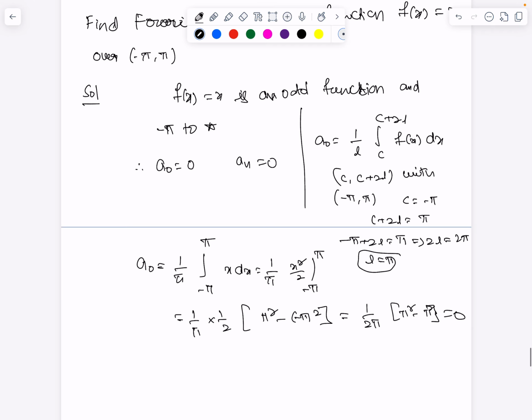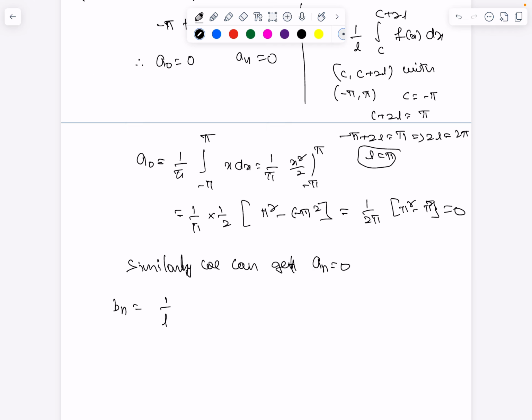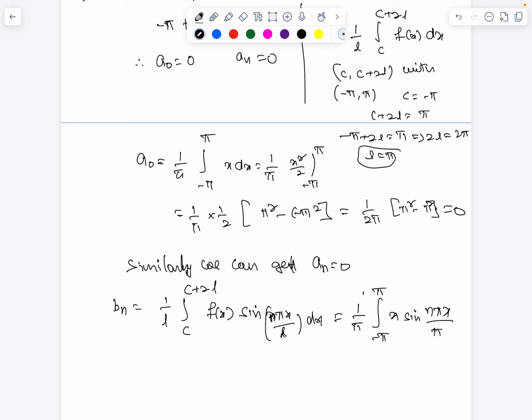Similarly, you are getting bn equal to 1 by L times integral c to c plus 2L f of x sin n pi x by L dx, which is equal to 1 by pi integral minus pi to pi, and f of x is what? f of x is equal to x, sin n pi x by pi, L is pi, dx, which is equal to 1 by pi integral minus pi to pi x sin nx dx.